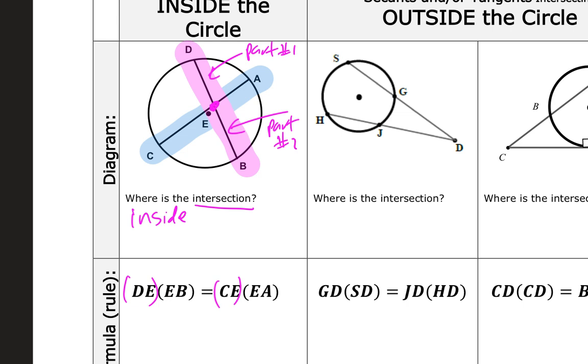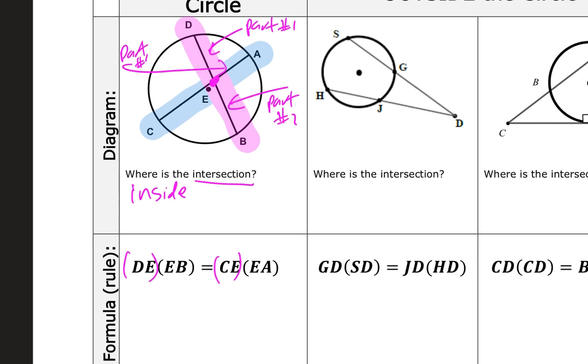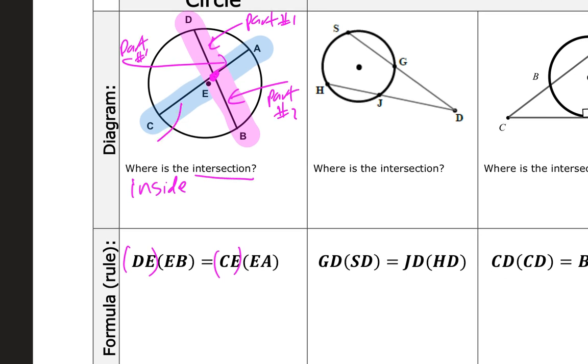Actually, let me do it over here. We could say this is part 1, and then this one would be part number 2. Okay, so here's the rule. DE times EB, so this part times this part is going to be equal to this part times this part.